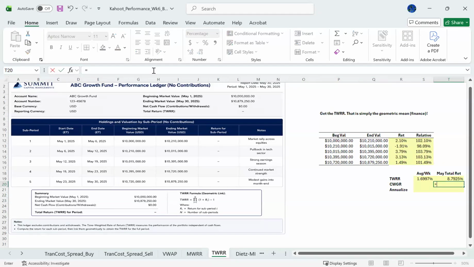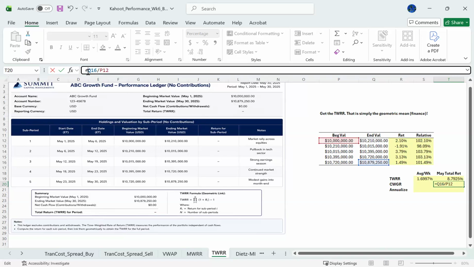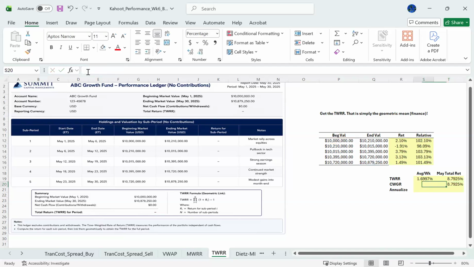The formula is, you take the value at the very end, and then you divide it by the value in the very beginning when everything started. Then we raise that division to the power of 1 over the number of periods. We are looking at the return on the month of May, so that minus 1, and there we go.